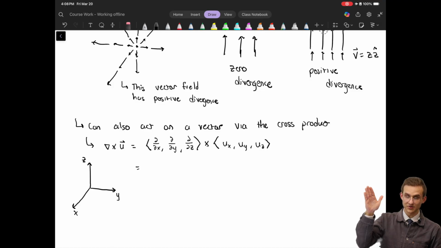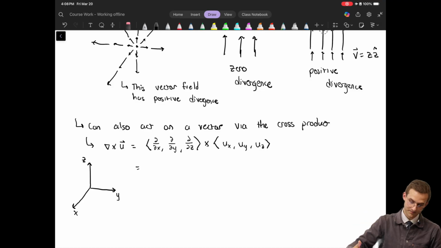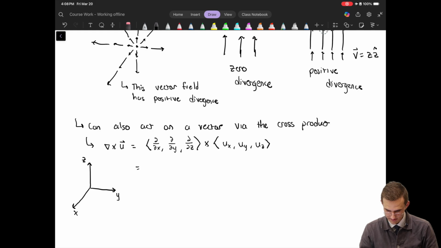If my fingers are pointing in the direction of x, and then I move my fingers to the second vector, pointing in the direction of y, then I know that I'm pointing my thumb in the positive z direction. Okay? So that means that the d by dx, the first component, that's the x hat vector. When it hits the uy component, it's going to result in a positive duy dx in the z direction.